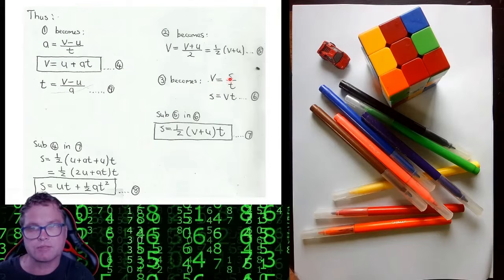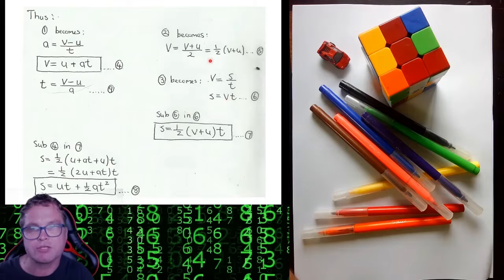Velocity is equal to distance over time, or equivalently, distance is velocity times time. To find our second equation, we substitute equation 5 into equation 6. So here, instead of this v over here, I've substituted in half of v plus u.